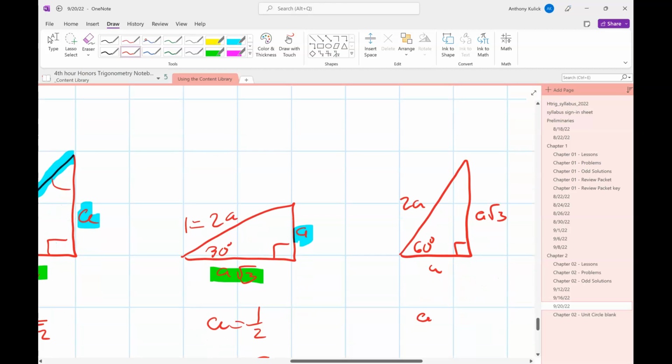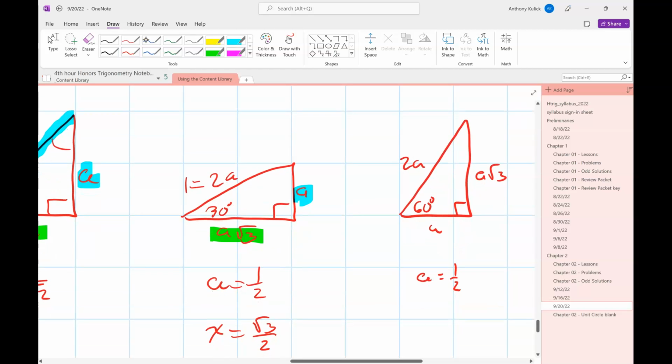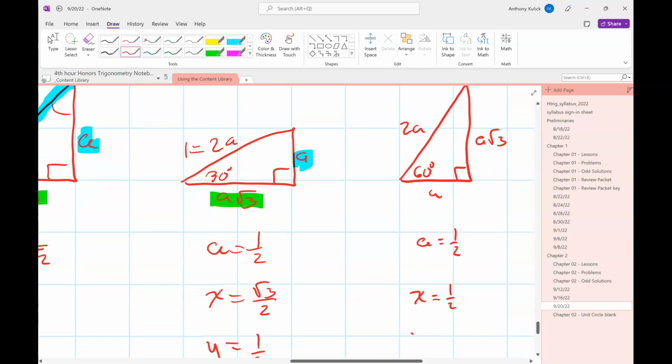What does A have to be here again? 1/2. But this time the x is 1/2 and the y is √3/2. Everybody's cool? Again, because this is my x side and this is my y side.